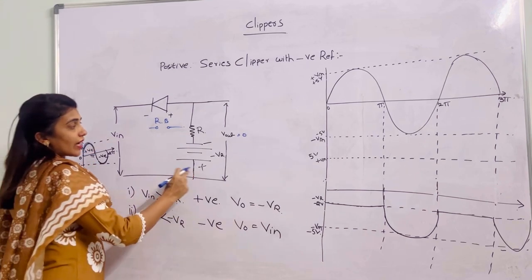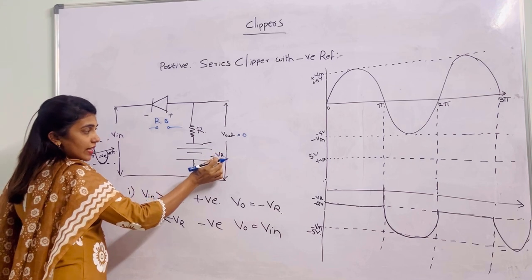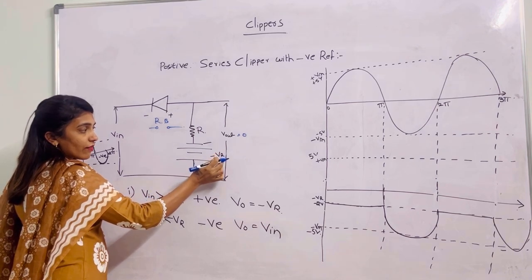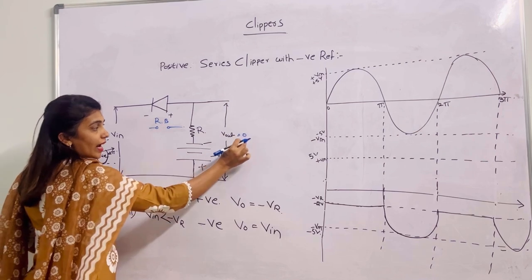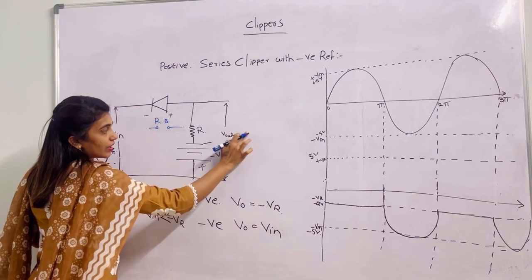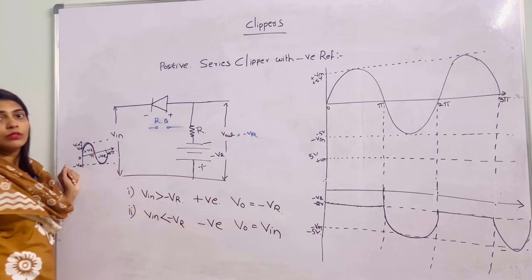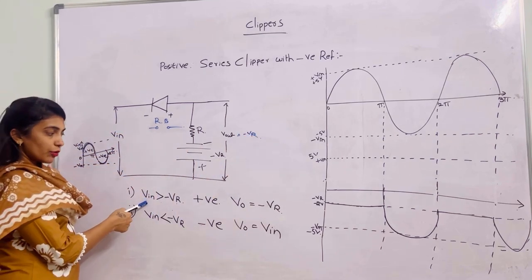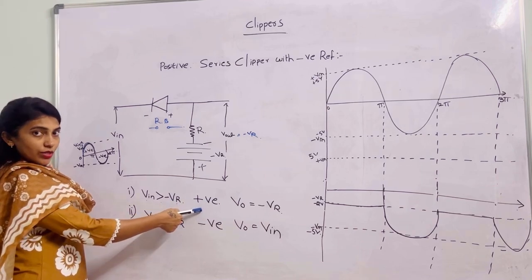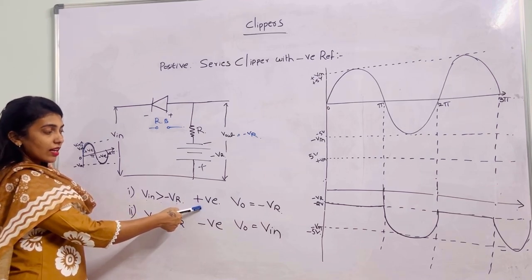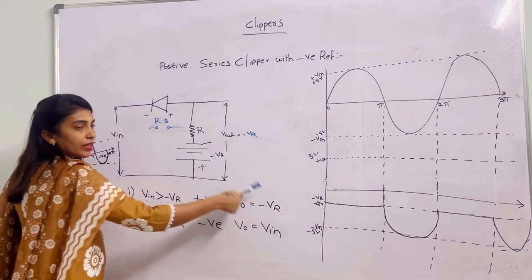But here we are using some external voltage, right? Whatever reference voltage is there, that voltage is now at the output. So here V out is equal to minus VR now. So when the input is above the reference voltage, that is a positive signal, the output is equal to the reference voltage.